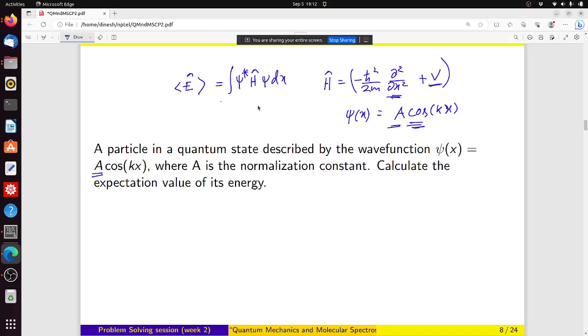Just try. If you are not getting it, that's okay. Here psi star and psi will have the same value, A cos kx, because it's real, right? Yeah.